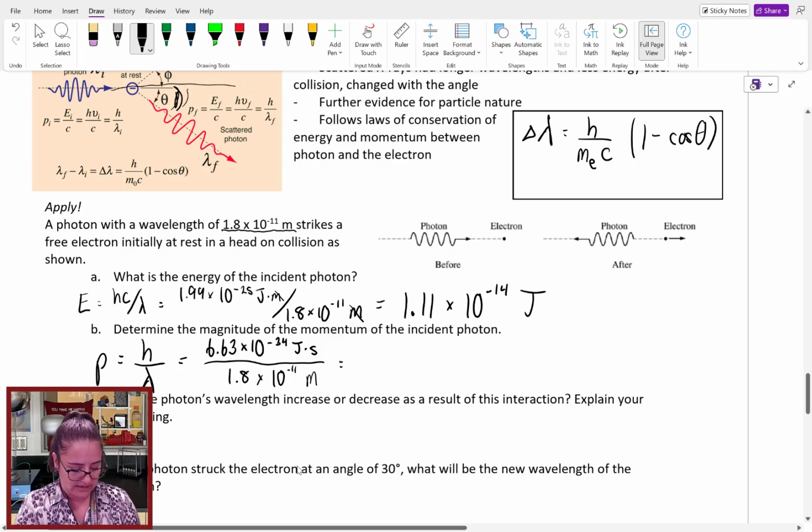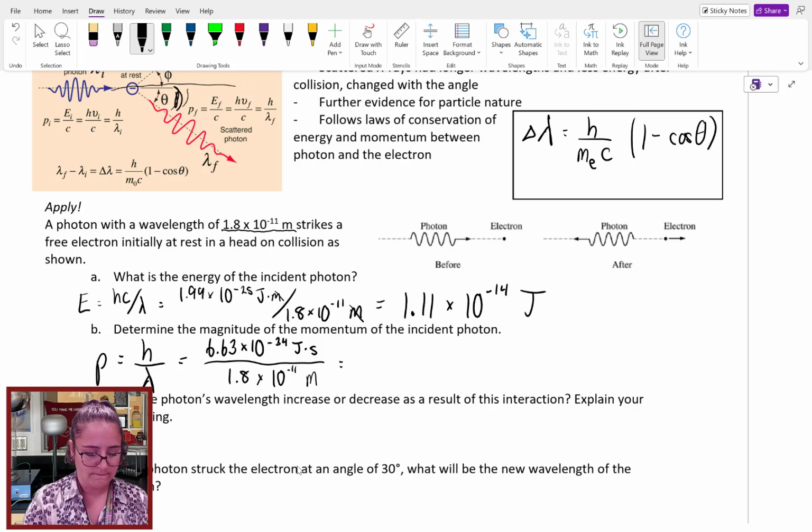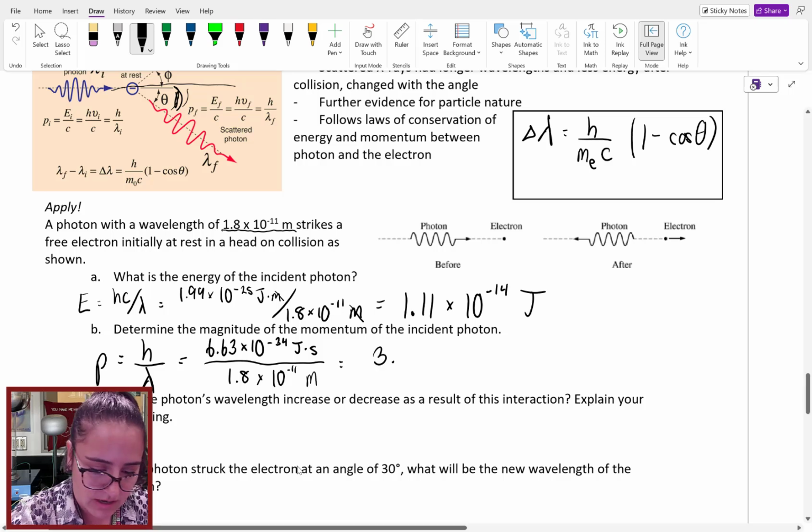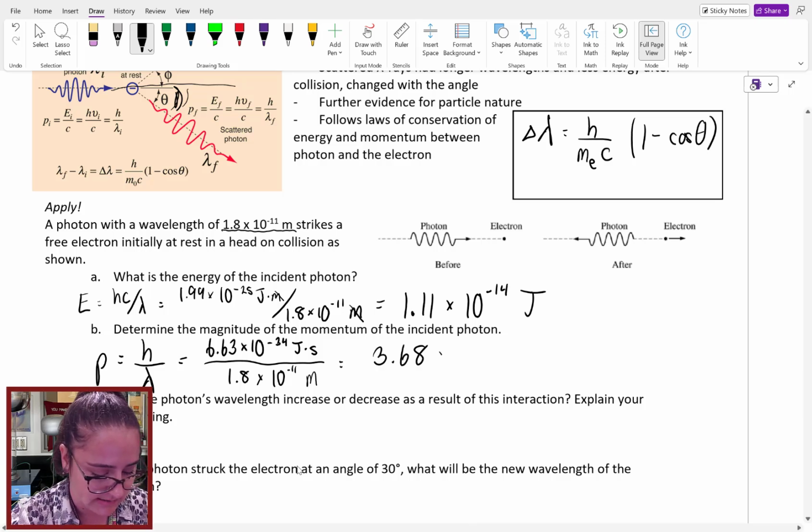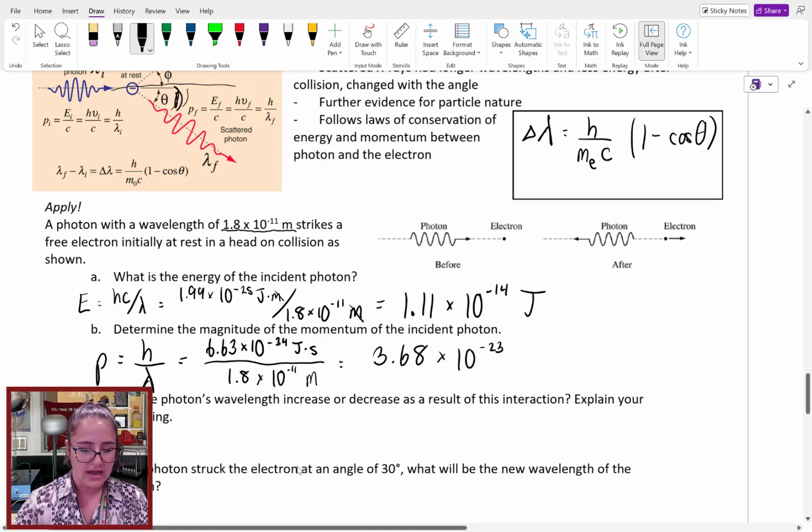And we get 3.68 times 10 to the negative 23, and we're talking about momentum. Trust me that the units are kilogram meters per second.